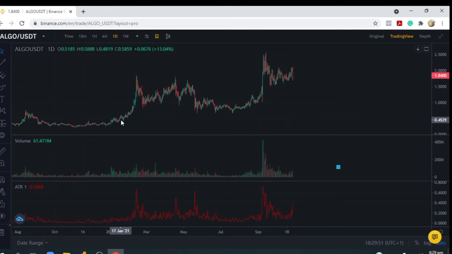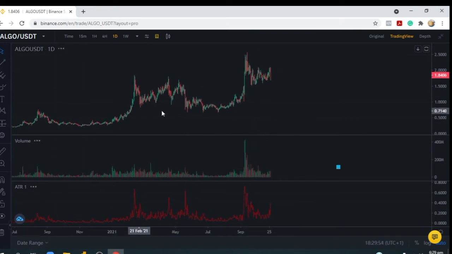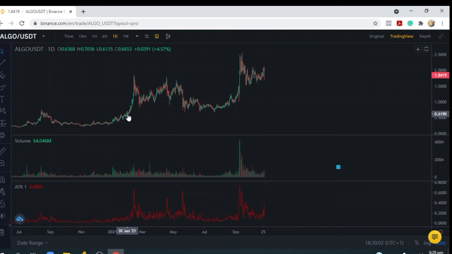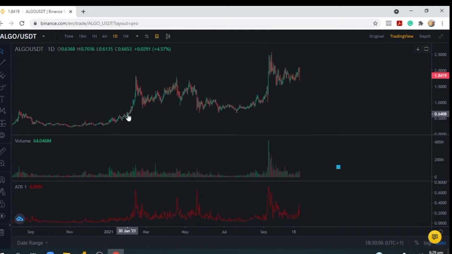So from this, we can say that this is an example of an upward trend, because you see from this point, the price kept rising.